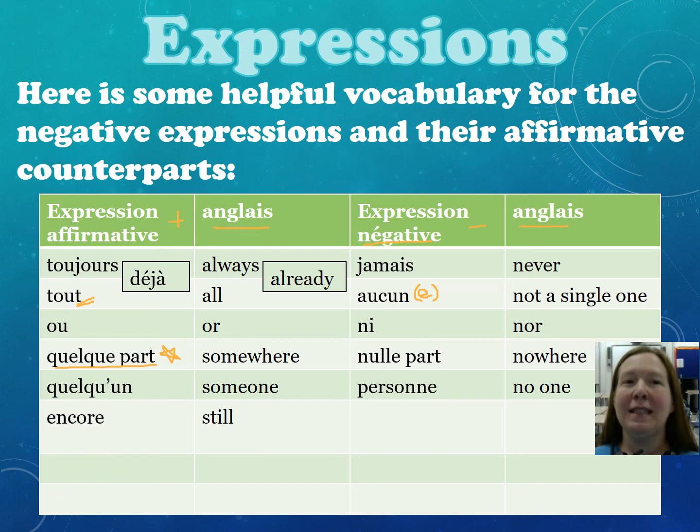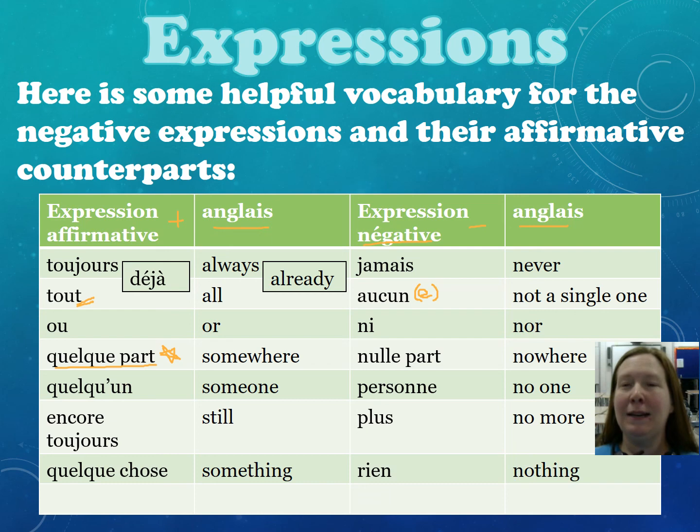Encore means still. It's something still happening. It's continuing to happen. You can also use toujours in this context. And both of them are going to have the negative plus, meaning no more. Quelque chose, meaning something, with rien, meaning nothing. And plusieurs is several.